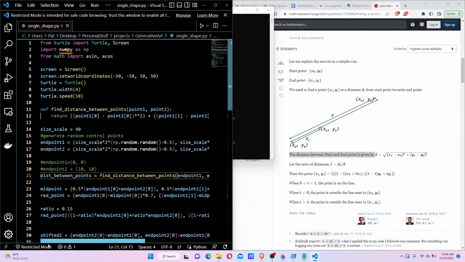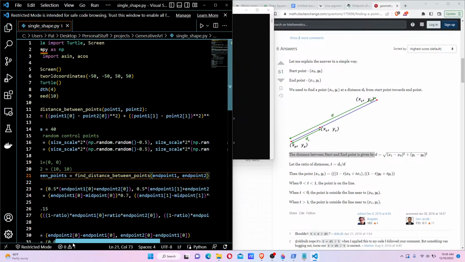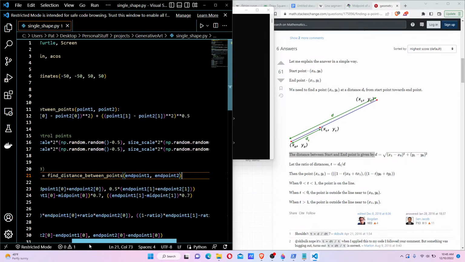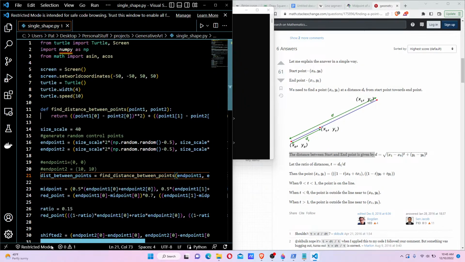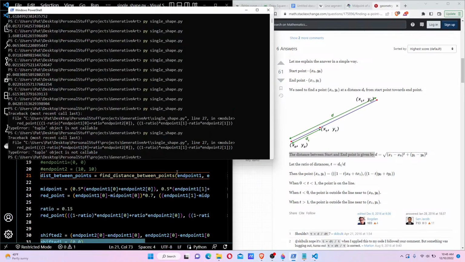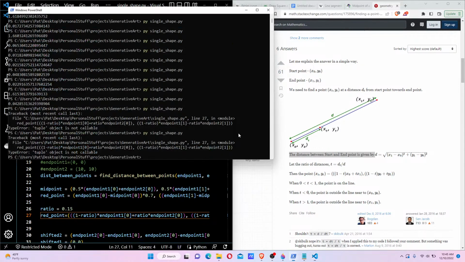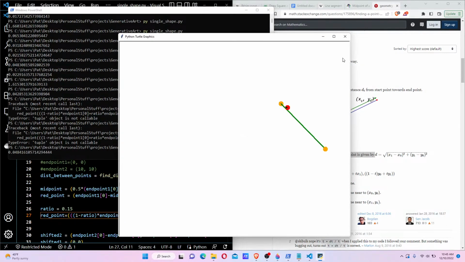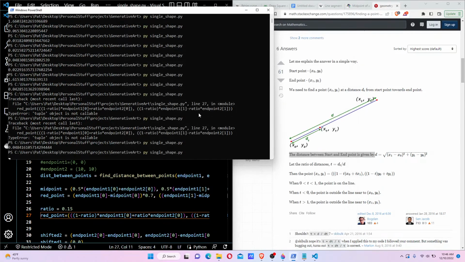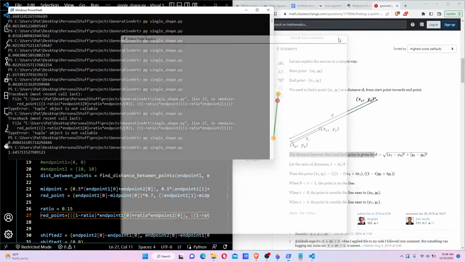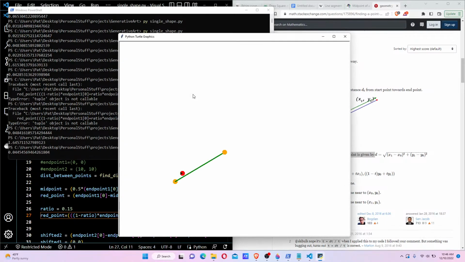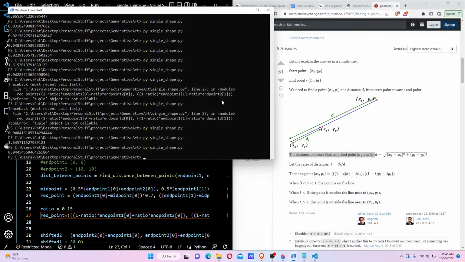What? Oh, red point is equal to that. Duh. So the red point is slightly off. There it was right on. Slightly off.